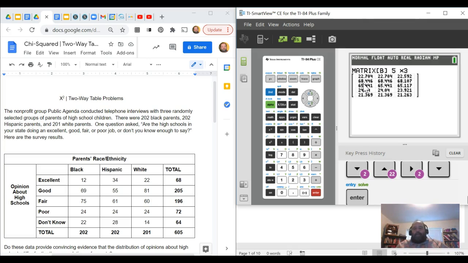If you look at the excellent column here, you should have seen 22 black parents saying the schools are excellent. You only have 12. But the Hispanic parents are higher than we would expect, and the white parents are right on cue there, right?